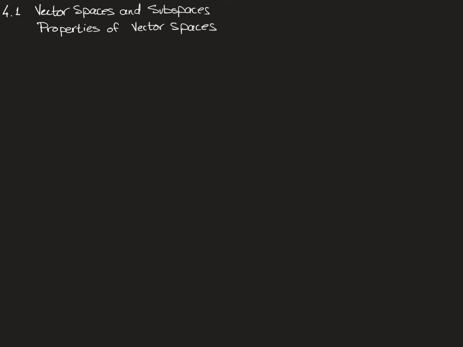Okay, so what I was playing around with before on the previous screen was the set of real numbers. Now what I'm going to be playing around with is the set of vectors, and in particular, the set of vectors in V sub n. What I mean by that is that, for example, in R3, the vector space R3, the properties we're about to discuss will hold, but they will also hold in R4 or R17.